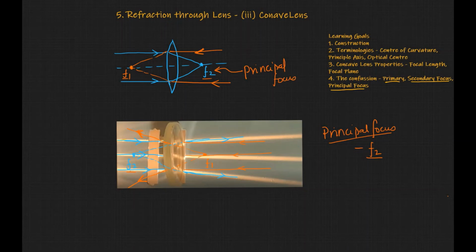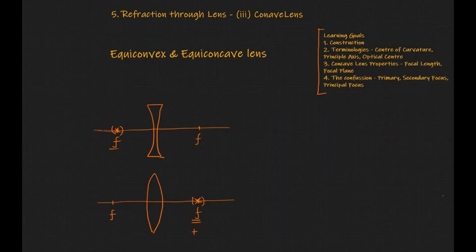In case of concave lens, this becomes your principal focus. Now usually we don't use the word principal, and we just use the word focus. By focus we actually mean the principal focus.